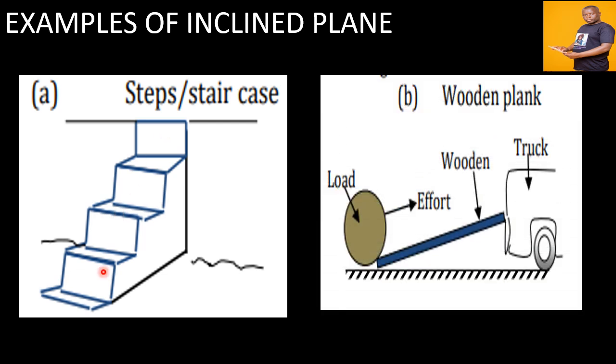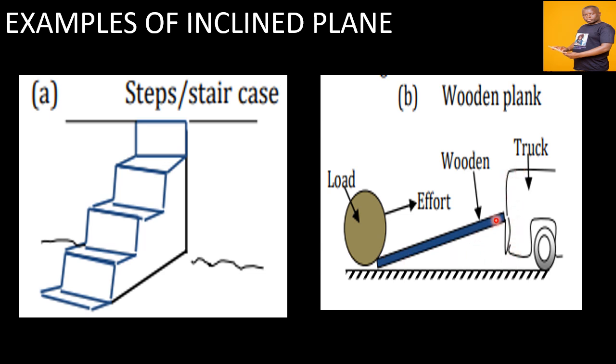But also, you can think of an inclined plane when you are loading a heavy object onto a truck. A truck is a big car. It's very high from the ground level. So lifting a body through this height onto the truck is very difficult.